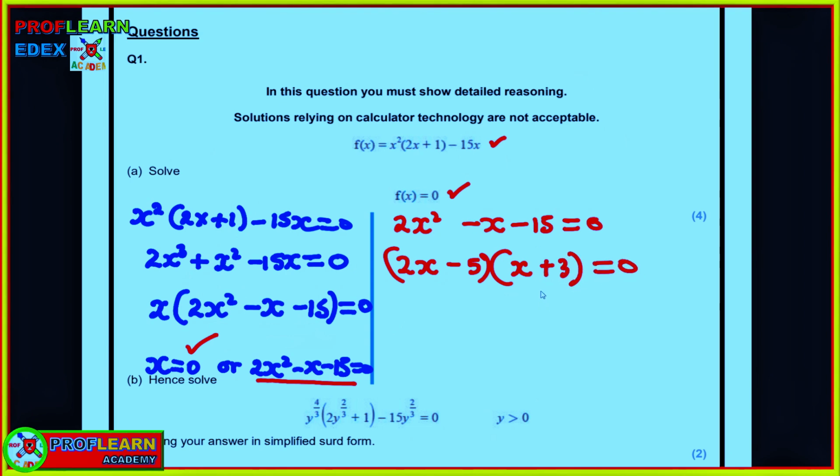This is going to factorize into this, so that we can now say 2x minus 5 equals 0, which is going to translate to x equals 5 over 2, or x equals minus 3.